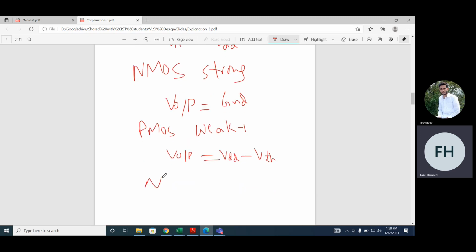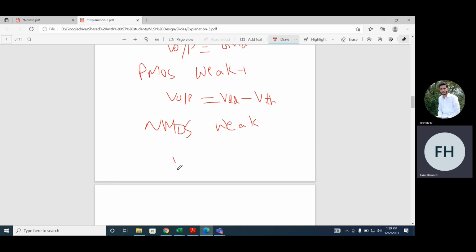And NMOS provides a weak 0. What will be the output? VTH, and actually ground is 0. So the reason we are using two networks, one pull-up network and another pull-down network.